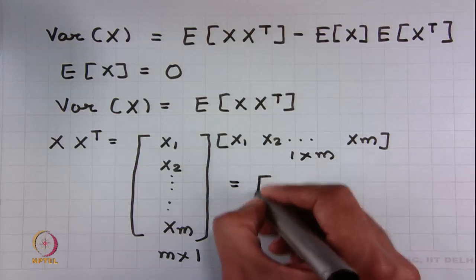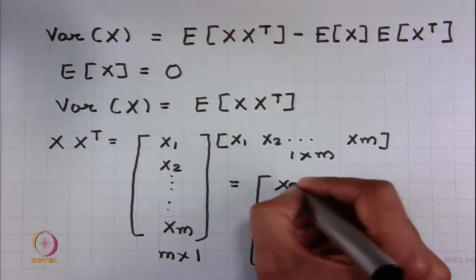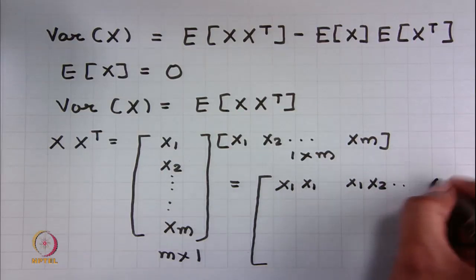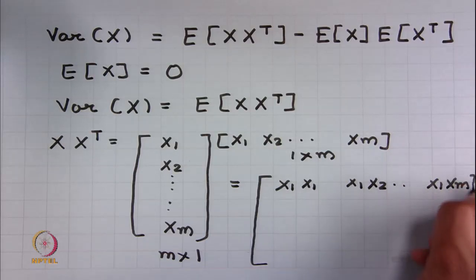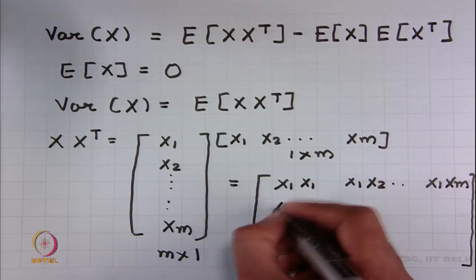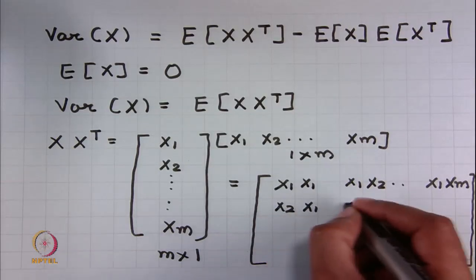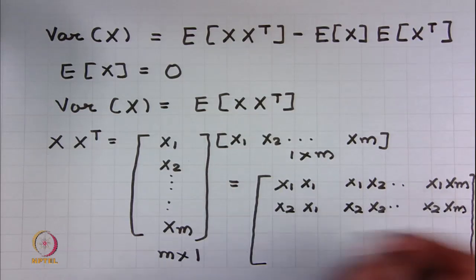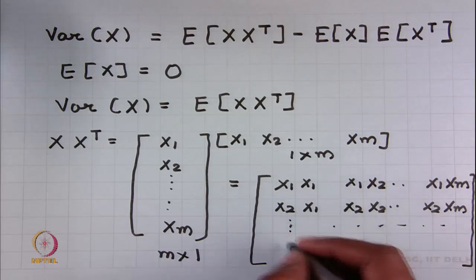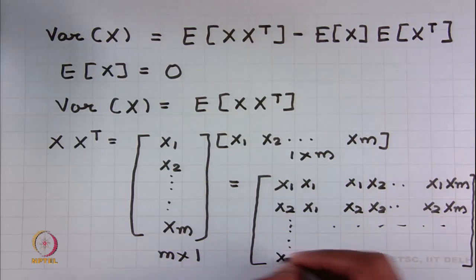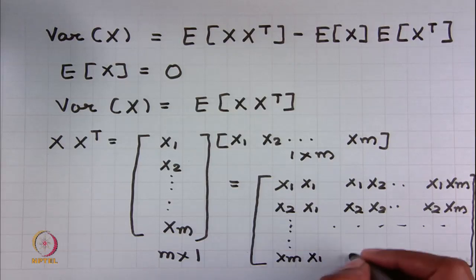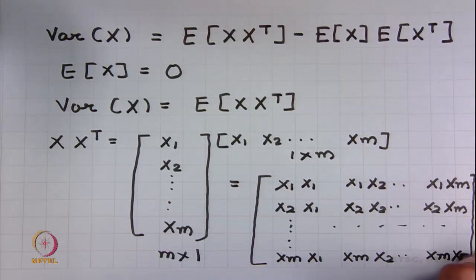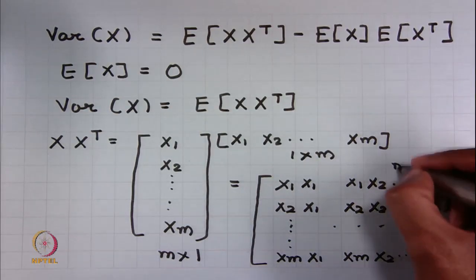So, then I will get x1 into x1, x1 x2, x1 xm, x2 x1, x2 x2, x2 xm, rest you can fill in yourself. Let me write the last row: xm x1, xm x2, xm xm, and this is an m by m matrix.